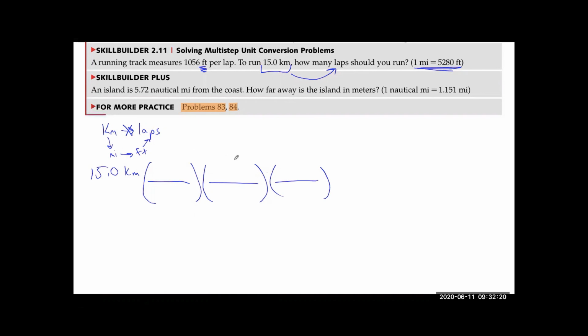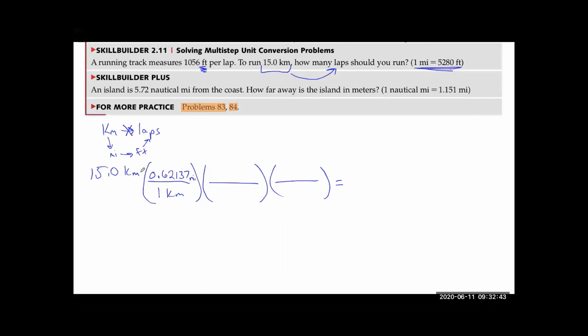So 1, 2, 3 steps, 1, 2, 3 conversion factors. Now, Tro's giving you one, you can look up the other one, and the one that I have says that 1 kilometer equals 0.62137 miles.